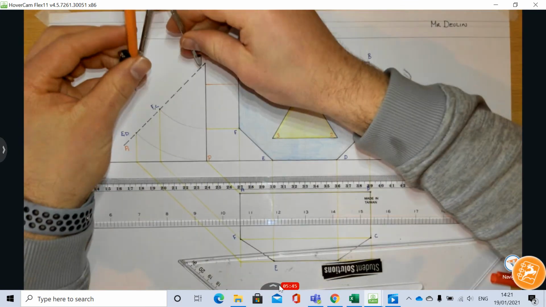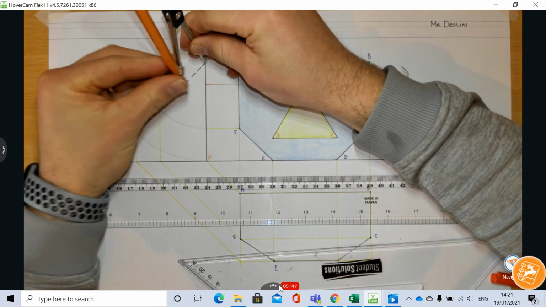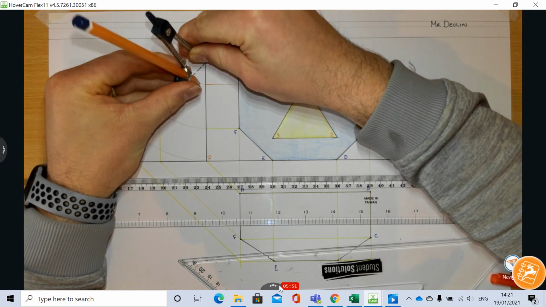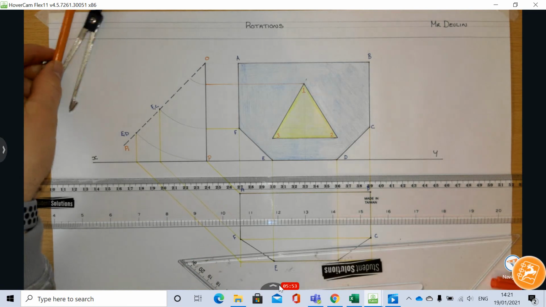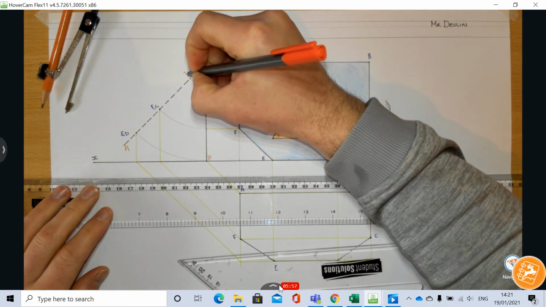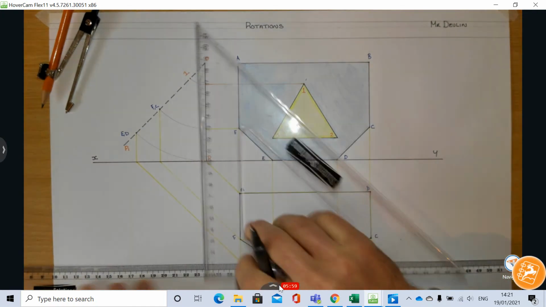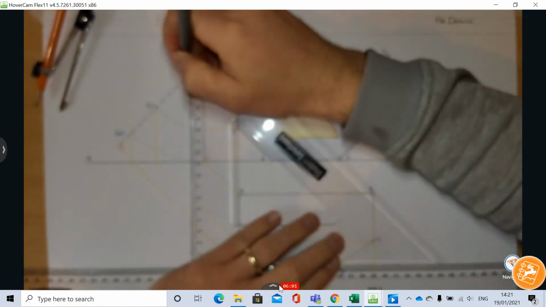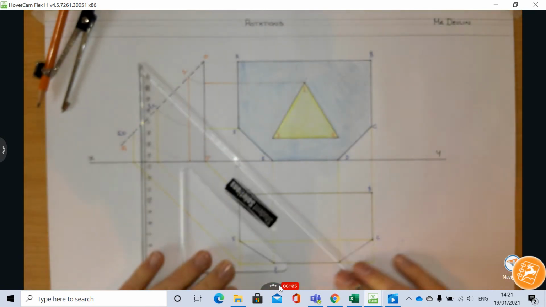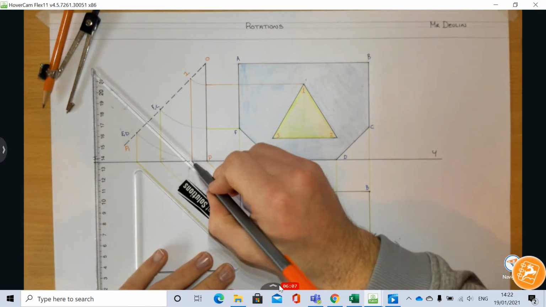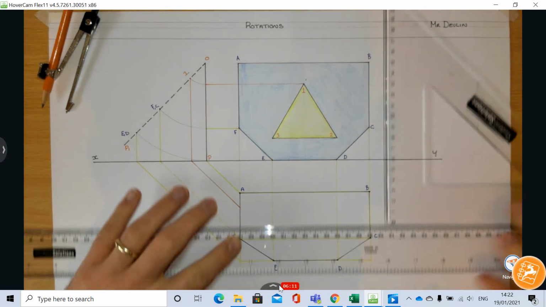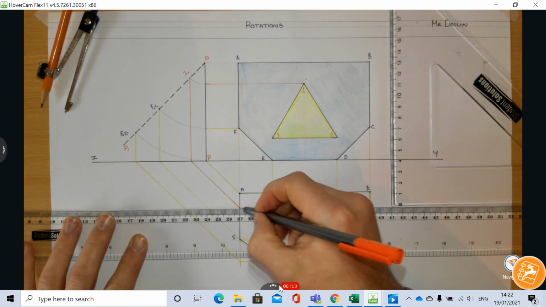From that then, I'm going to rotate number 1 up to hit P1. That there now gives me the point at 1. I can drop that down to my XY line, and then project it into my plan and bring it across my plan.